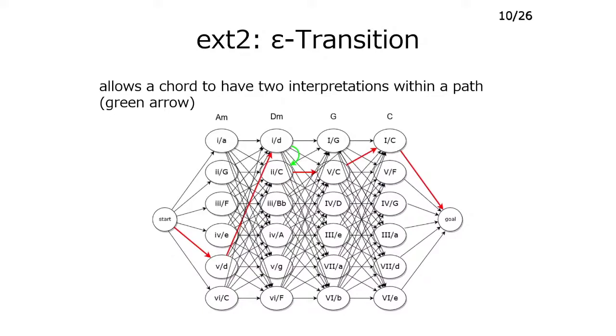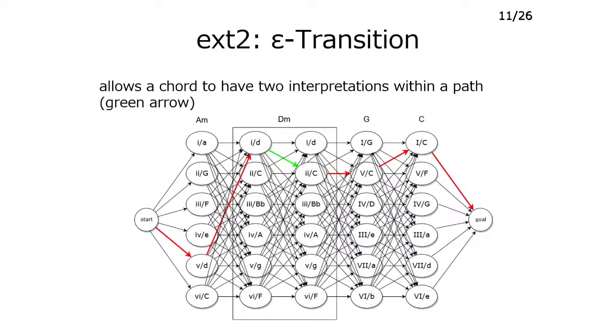But if we add arrows in this manner, the graph becomes to have a lot of loop structures. Then we cannot apply Viterbi algorithm. So we change the graph a little. We duplicate every chord interpretation layer, the vertical layer, so that each chord can have at most 2 interpretations at once, without losing applicability of Viterbi algorithm.